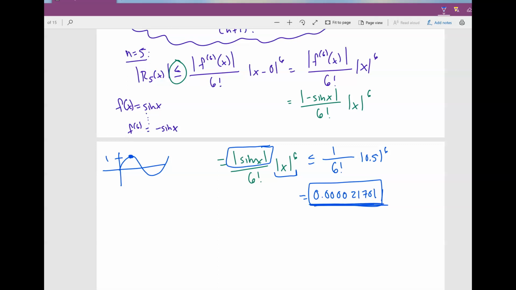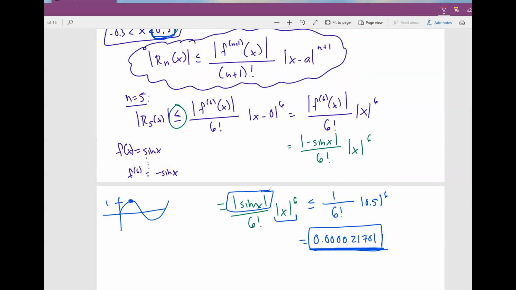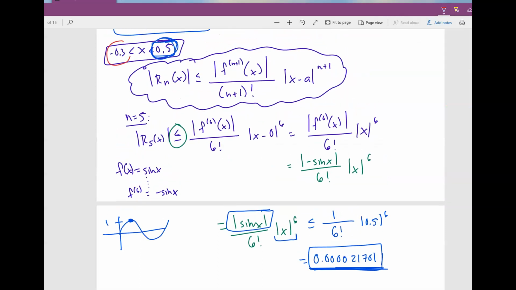Now you might be wondering, what is the whole point of having this other term? Why do we have this term? Well, sometimes you may use this term. For example, if this negative 0.3 will maximize this thing, then that's when I want to use that. When is this going to maximize it?